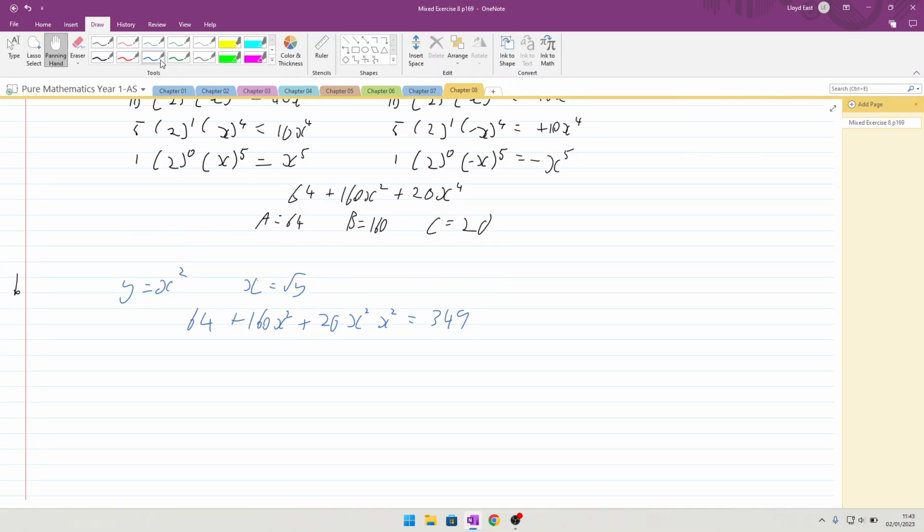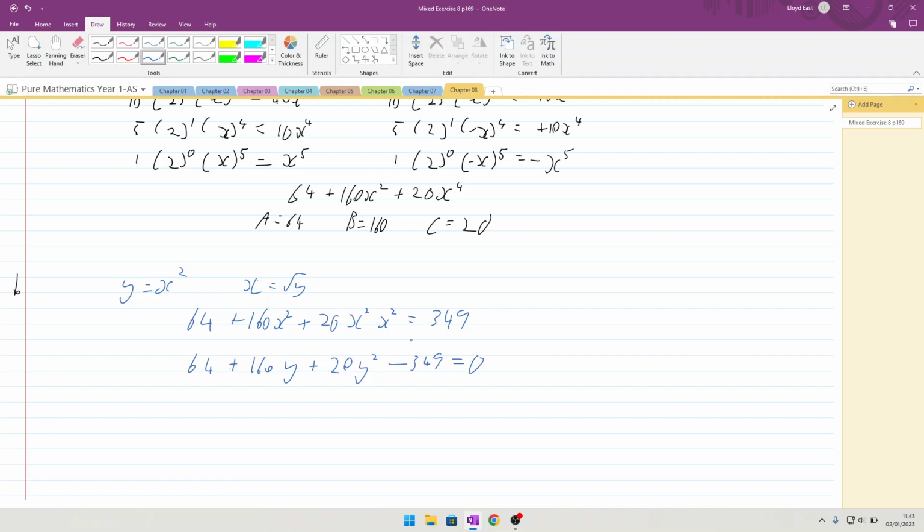And so now we are going to use the substitution to put in 64 plus 160y plus 20y squared minus 349 equals 0.